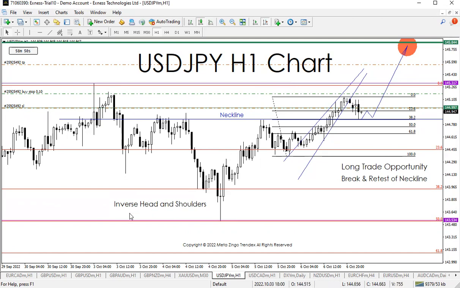I took this Fibonacci level from the H1 time frame. It will refine the top-down analysis levels, the support and resistance levels I identified on the daily time frame. So when you drop down to the 1 hour time frame, use Fibonacci to refine those levels.